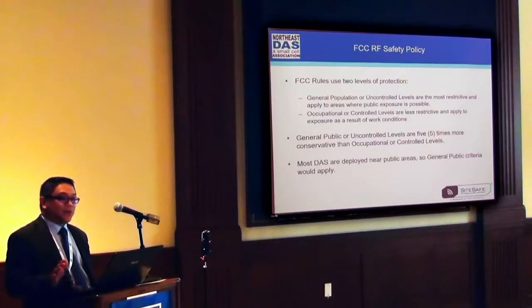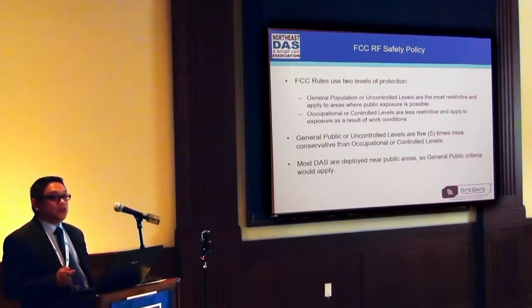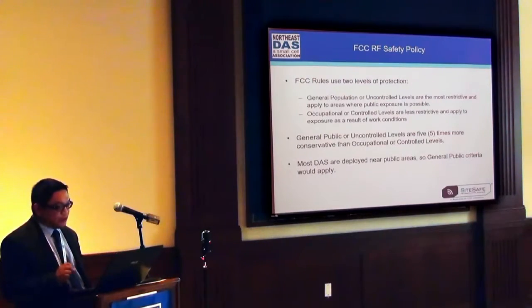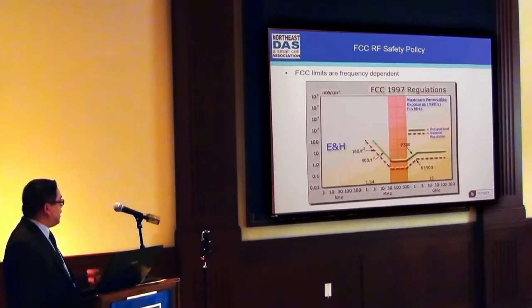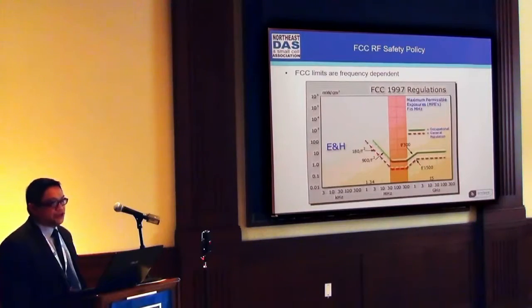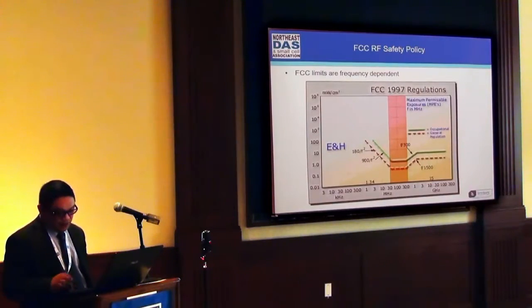Now, most DAS are deployed near public areas, so typically you have to do analysis based on the general public criteria. This chart represents the regulation, and it is dependent on frequency. Again, the difference between occupational and general population is such that the general population limit is a lot more stringent than the controlled environments.